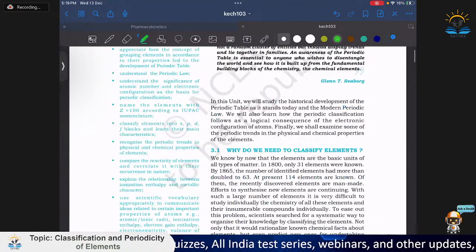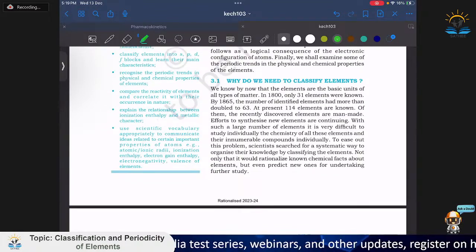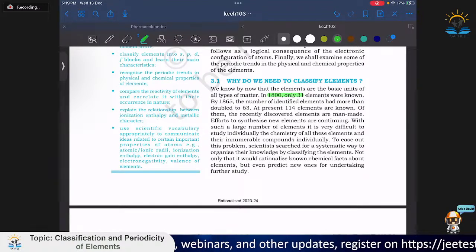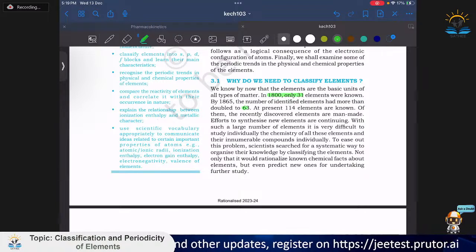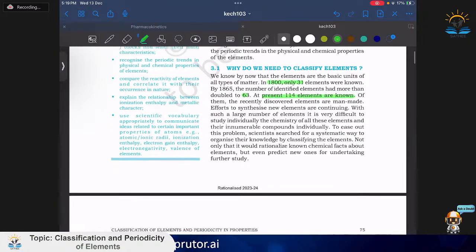The need to classify elements was felt in the 17th century, but only 31 elements were known at that time. By the mid of the 17th century, it doubled to 63. NCERT says at present 114 elements are known, but this is not the correct number.